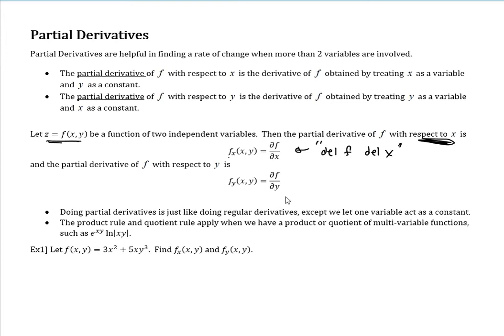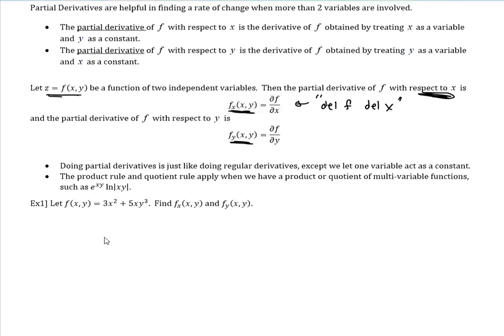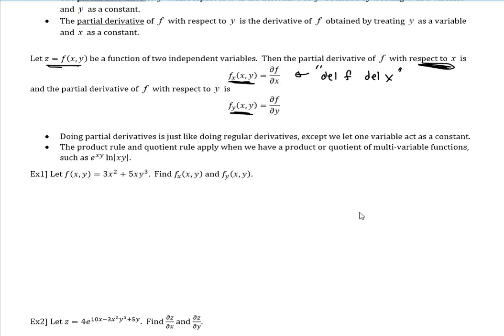This one is the more common one that we use, but the second one is also just fine. And then the partial derivative of f with respect to y is this notation, or df dy. Notice we just put a little y down there to show we're doing the derivative with respect to y.